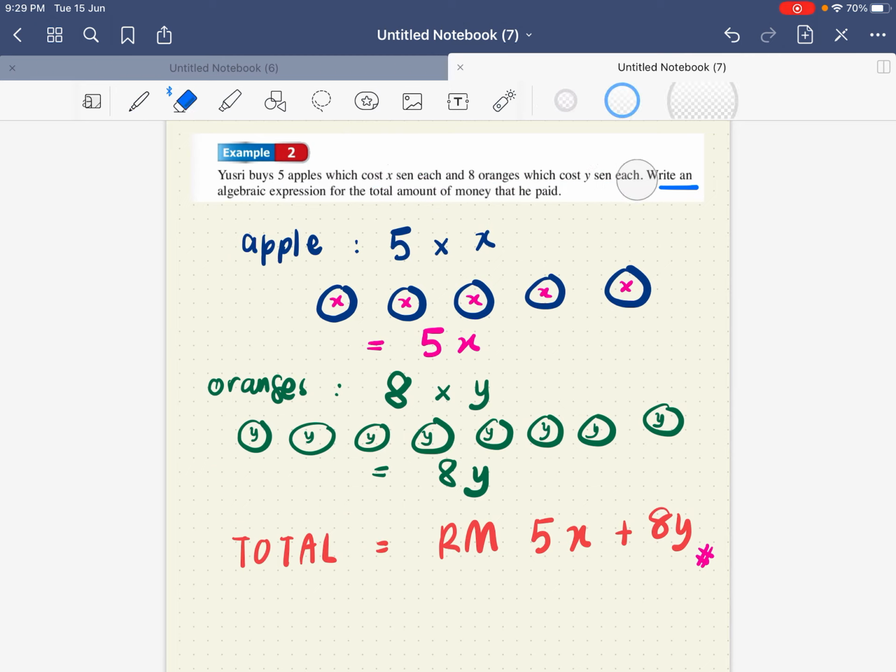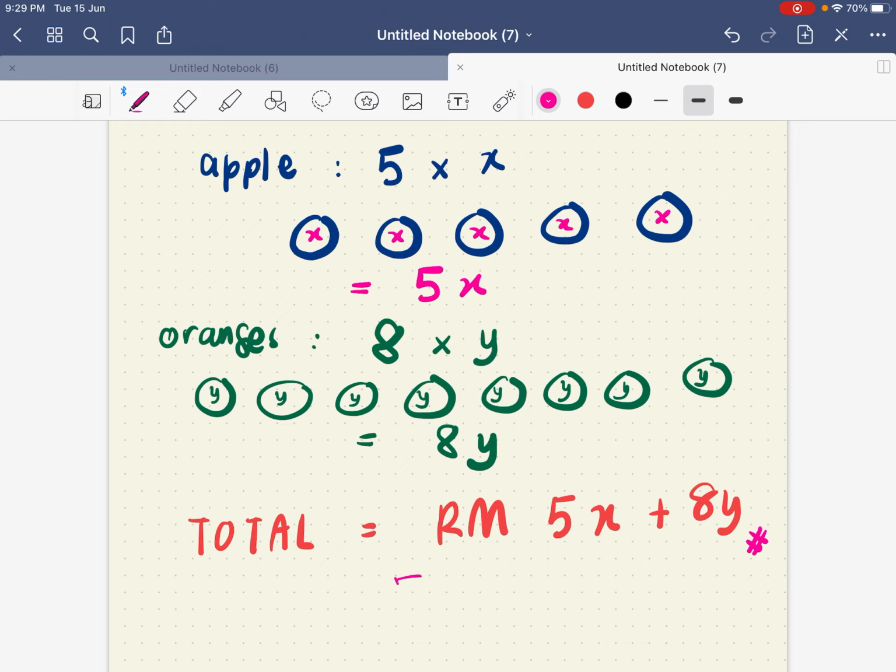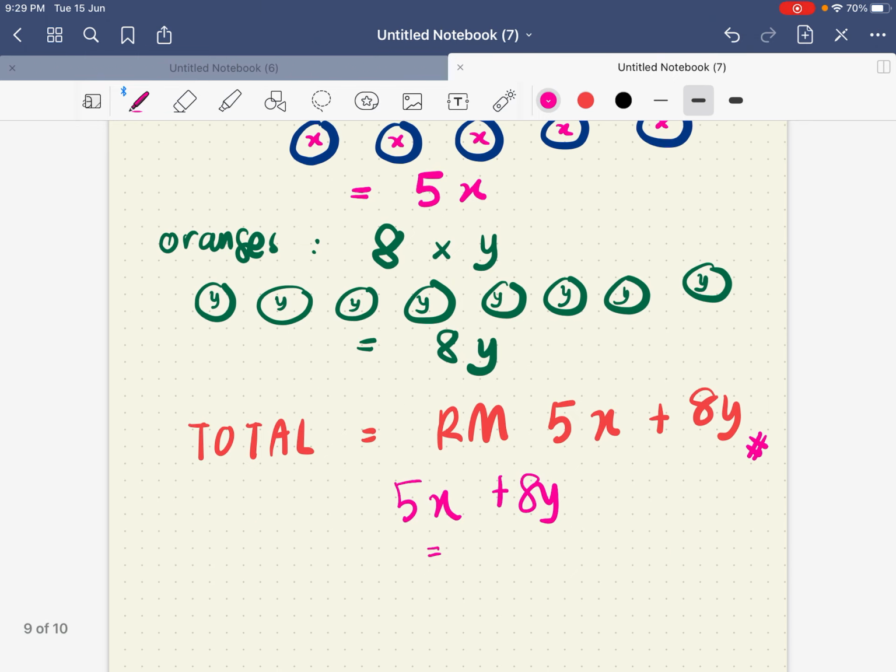Lagi sekali. Kalau you buat 5X tambah 8Y, tiba-tiba you buat 13XY tadi.